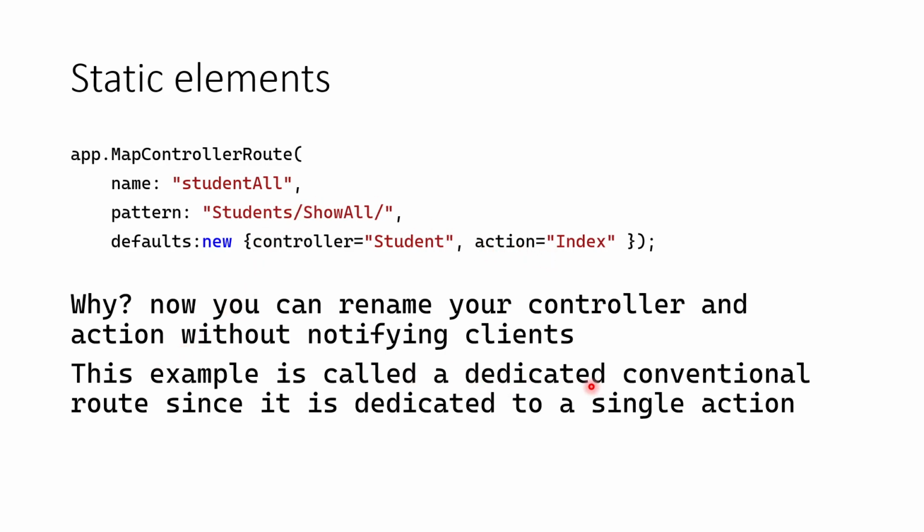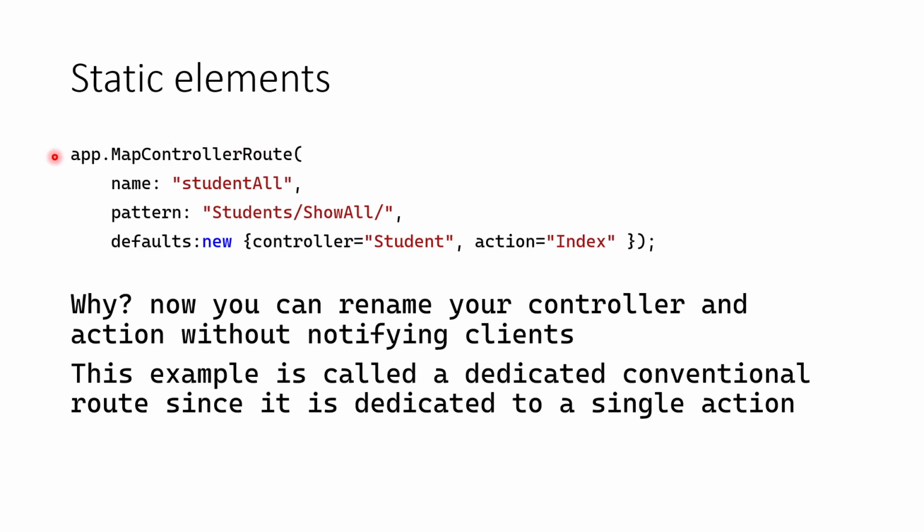This is called a dedicated conventional route. It's called dedicated because it's dedicated to a single action. Maybe it's a lousy thing to call it a conventional route because there's no convention in this. It's just one action that is mapped by this. But it's called a dedicated conventional route because it uses this convention-based syntax.